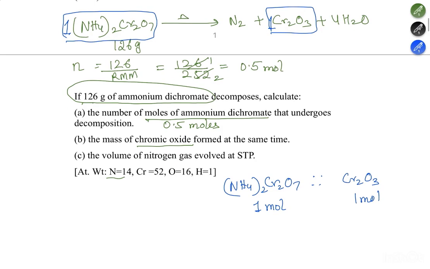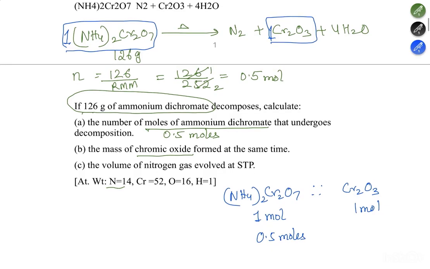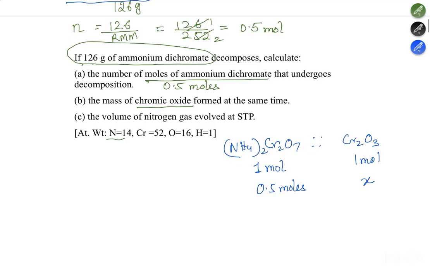But based on the grams given, 126, what I got in the previous answer is 0.5 moles. That is the standard ratio when the equation is balanced. So 1 mole produces 1 mole of this, and 0.5 mole will also produce 0.5 mole of chromic oxide.